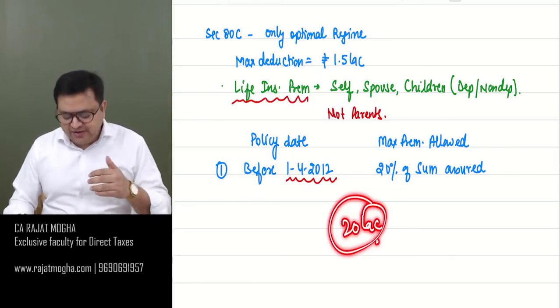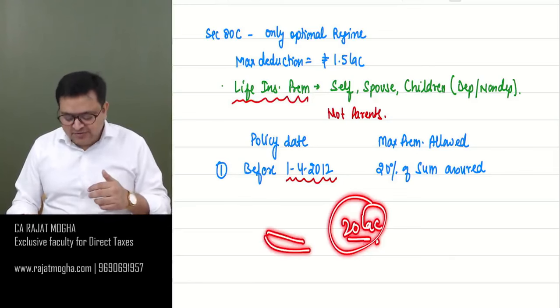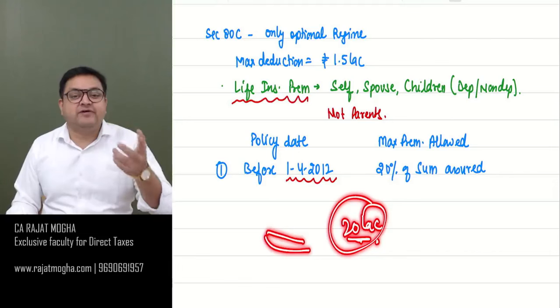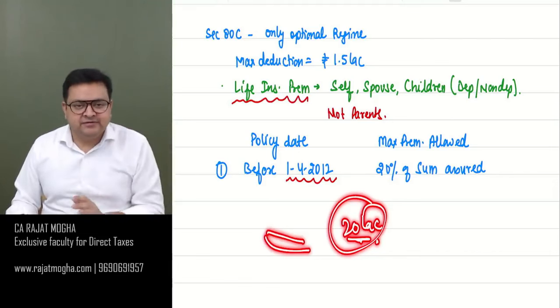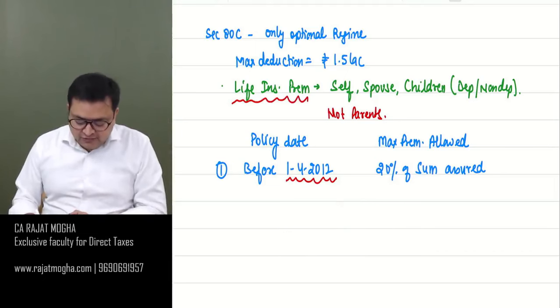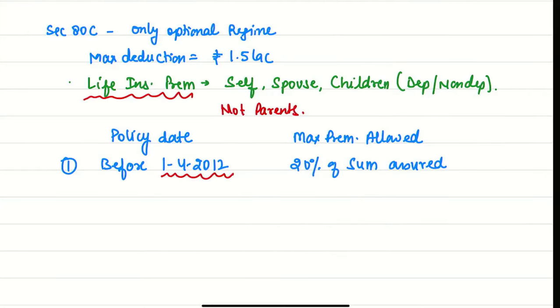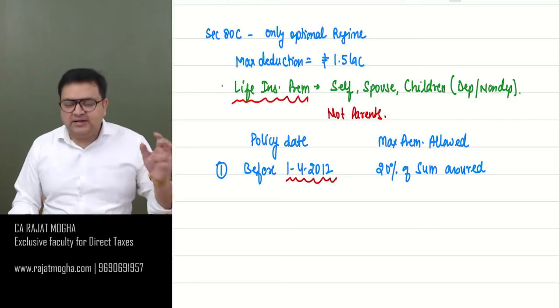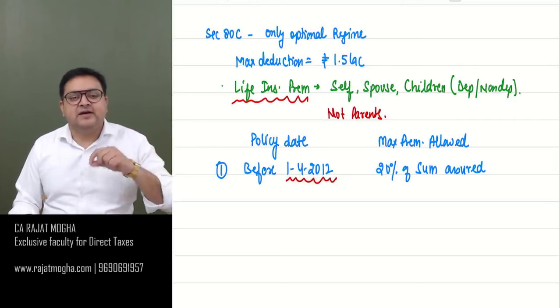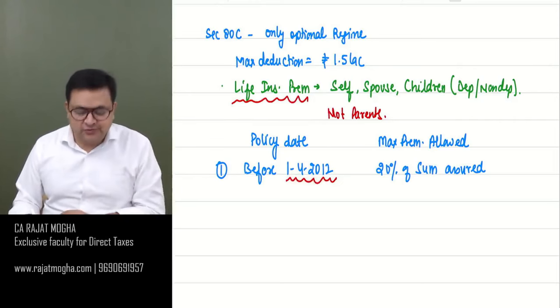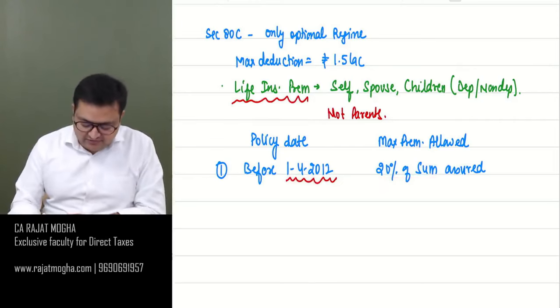So for which we are paying some premium. This is not premium. This is the sum assured. It's the life cover. That if something will happen, then this much money the family members will receive. So if the policy is taken before this date, up till 31st of March 2012, it is 20% of the sum assured.